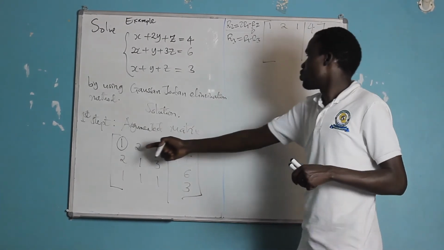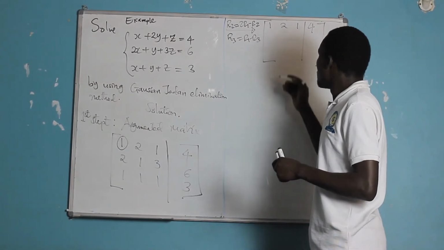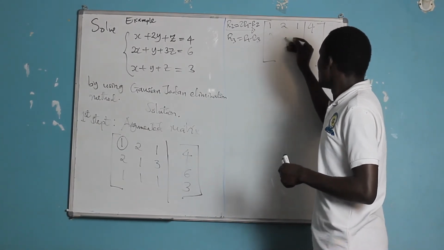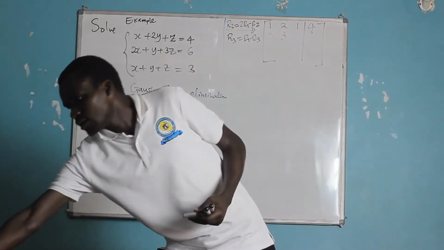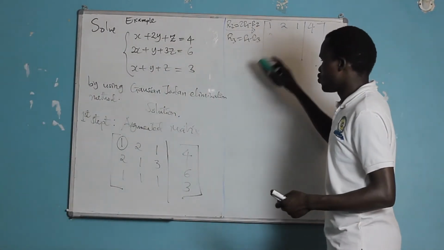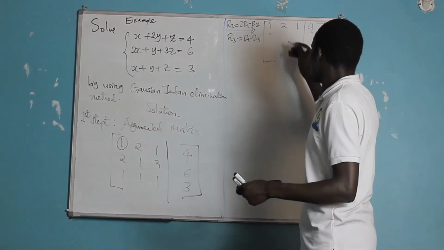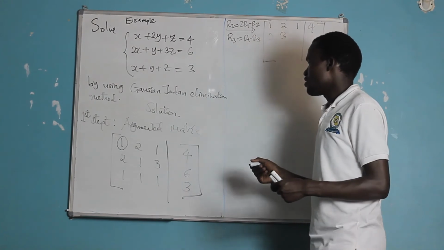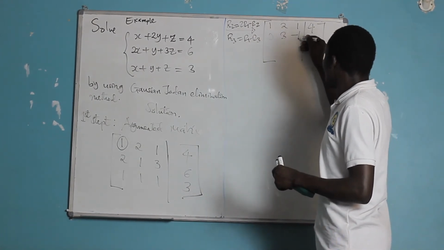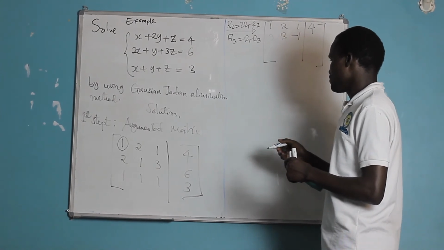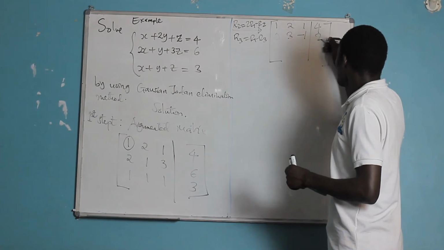If we take 2 times every entry in the first row minus the second row, here we get 0. Here we get 3. Here it's 2 times 2 is 4 minus 1, yes, it is 3. Then 2 times 1 is 2 minus 3 is negative 1. And then 2 times 4 is 8 minus 6 is 2.